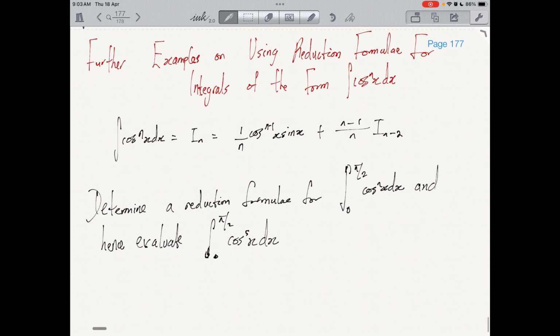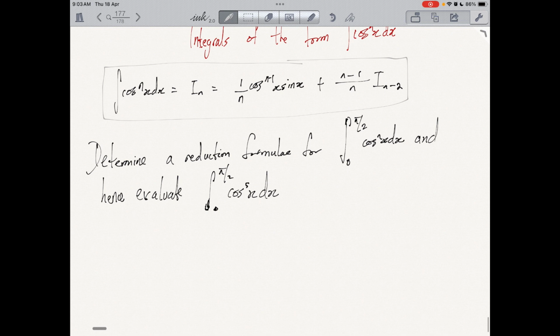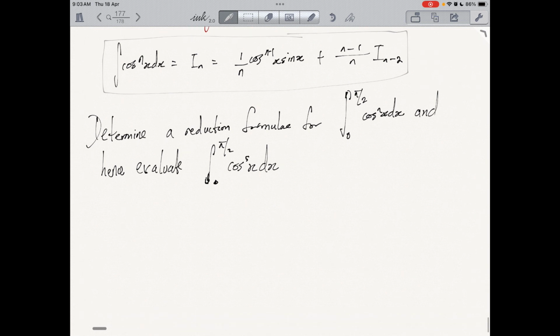Take another example on using reduction formula for integrals of the form cos raised to power n of x dx. Now we have the general format that we have been using, and the question says determine the reduction formula for the integral of cos raised to power n x dx from limit of 0 to pi over 2.